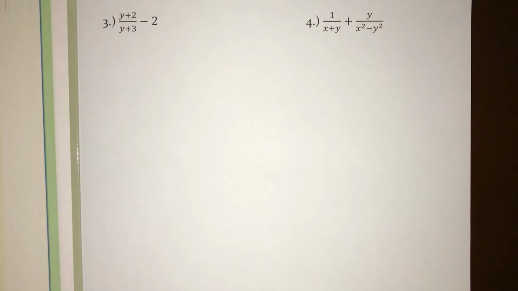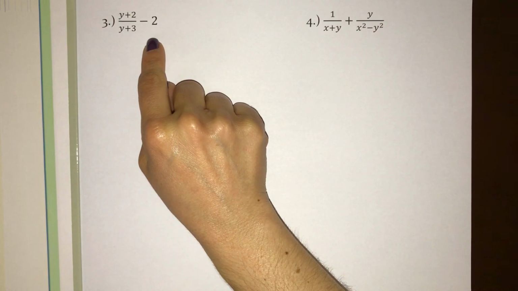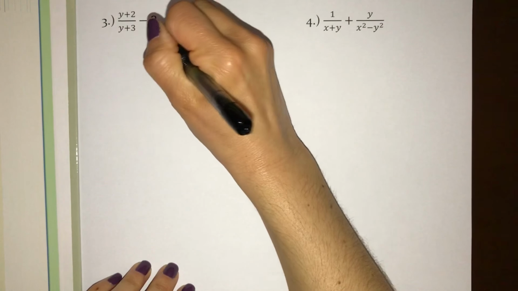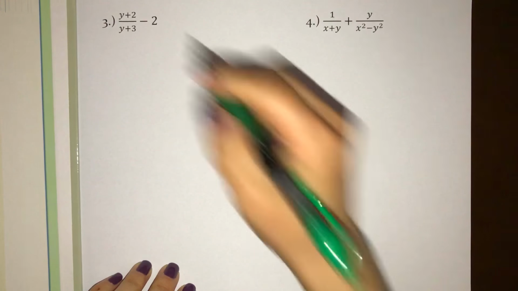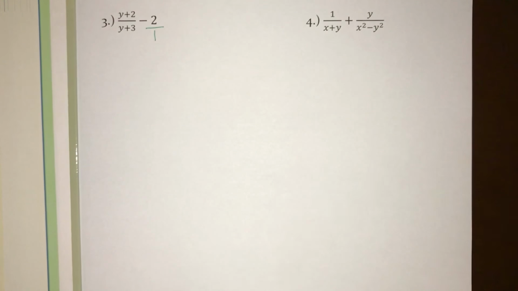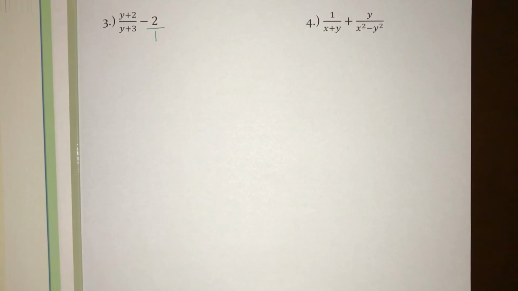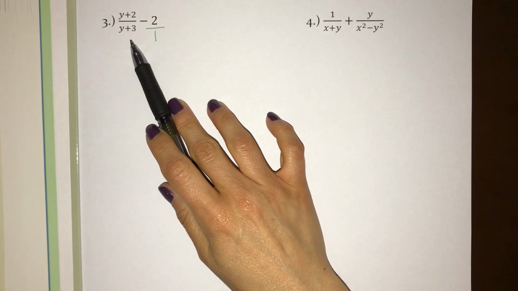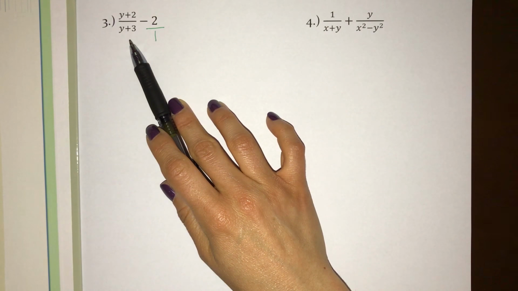The third example, we don't have the same denominator. And so one thing you can do is remember that you can write 2 over 1. And we do need to find a common denominator for these two examples, 3 and 4. And so we need to do an extra step. In this case, the only denominator is y plus 3, and so that will be our common denominator.